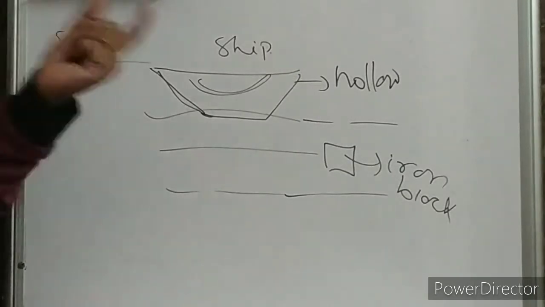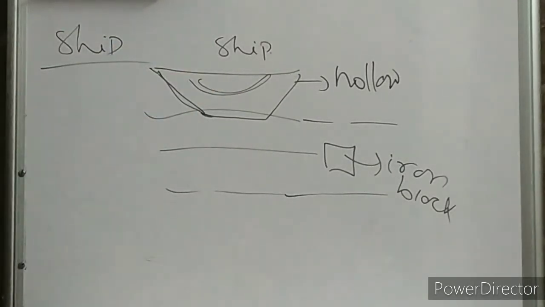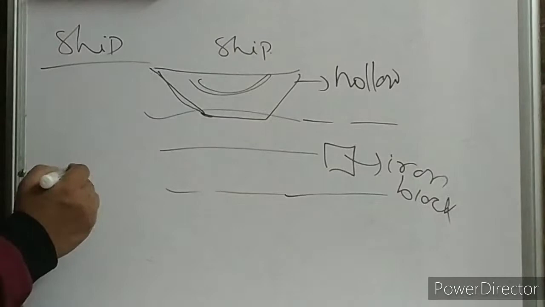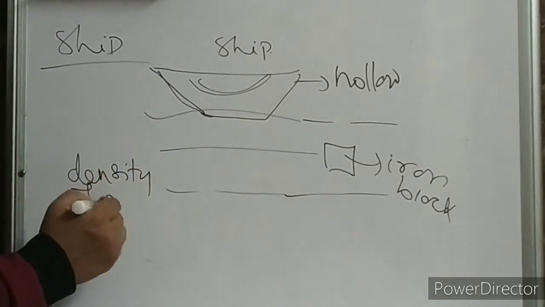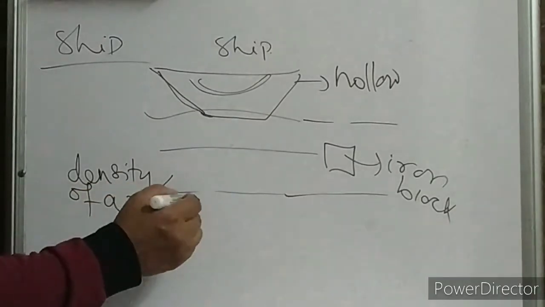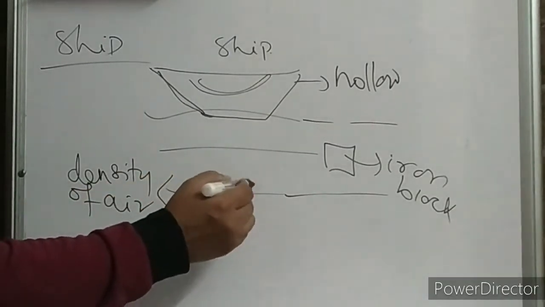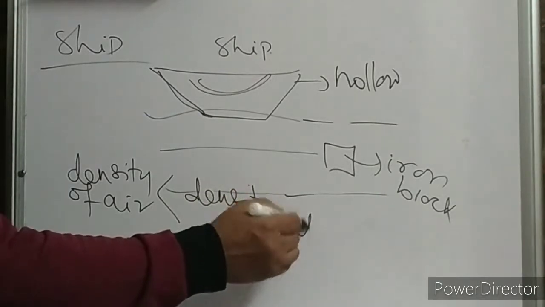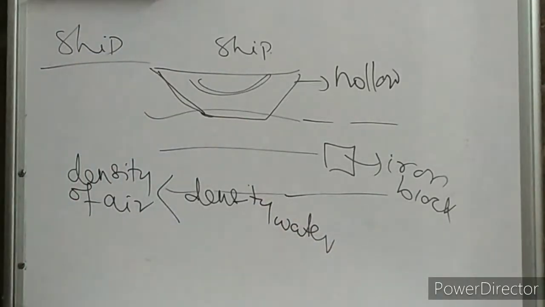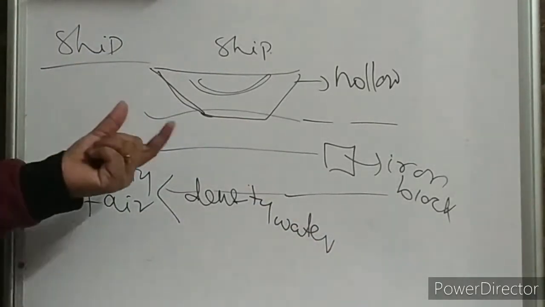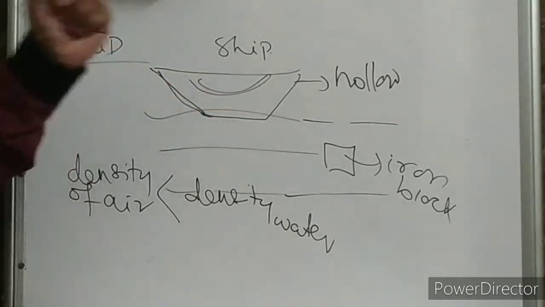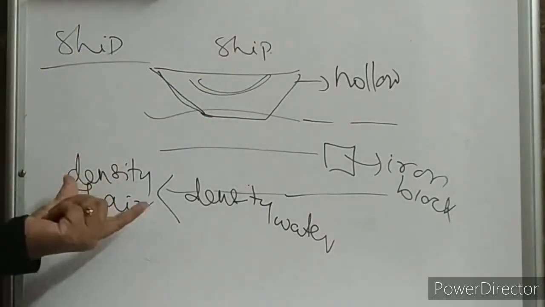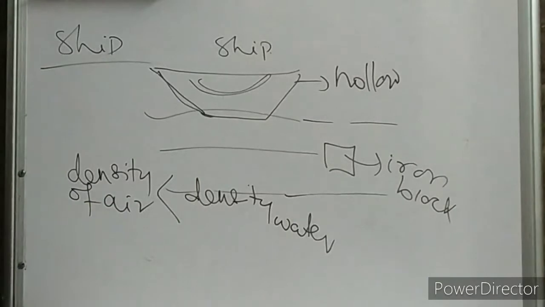Empty spaces mean air will be there. And we know the density of air is less than the density of water. So it will float. It is a lighter thing when you compare the density, not weight.